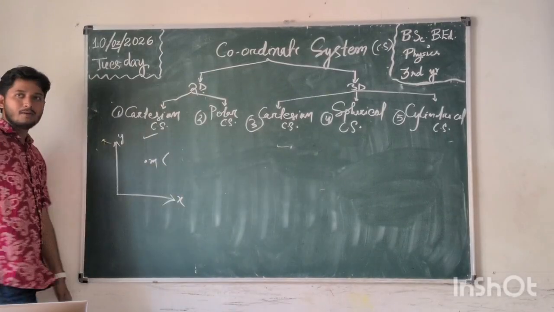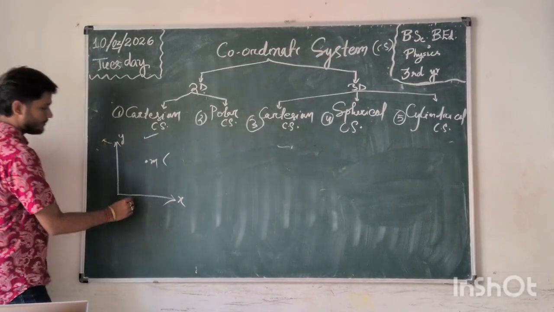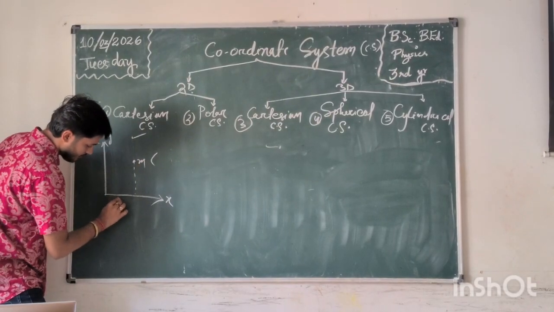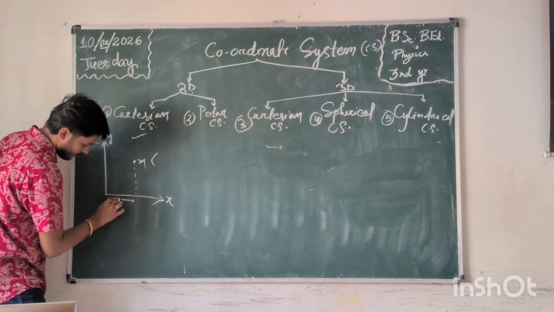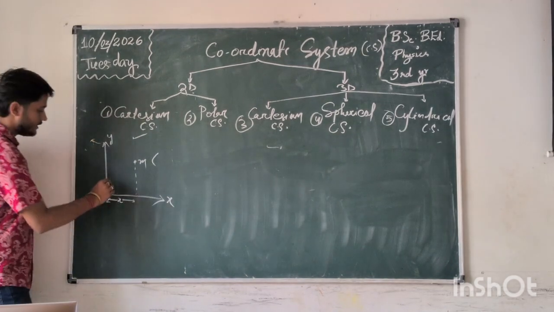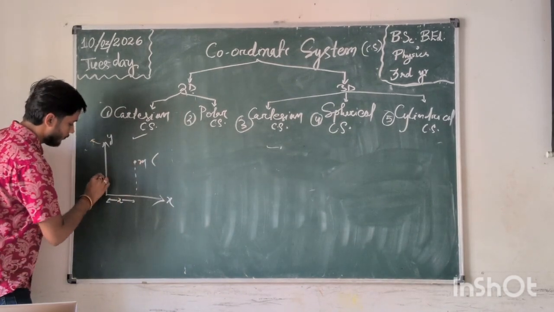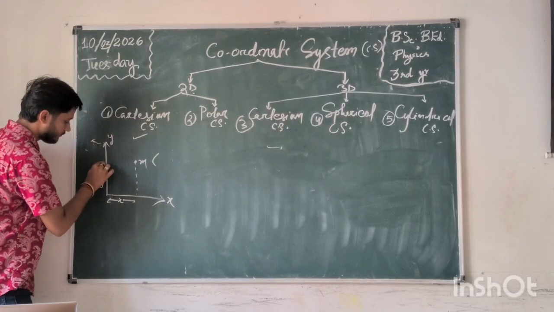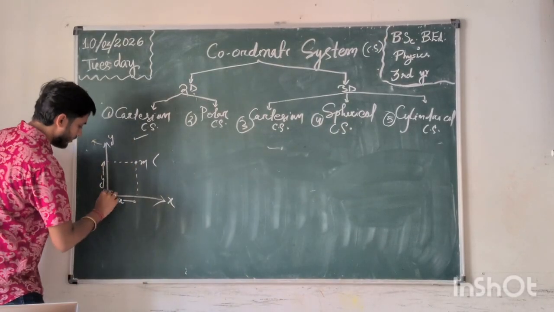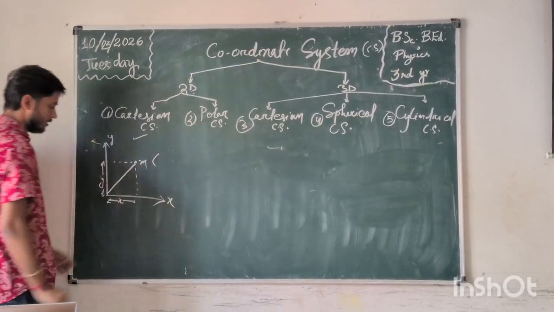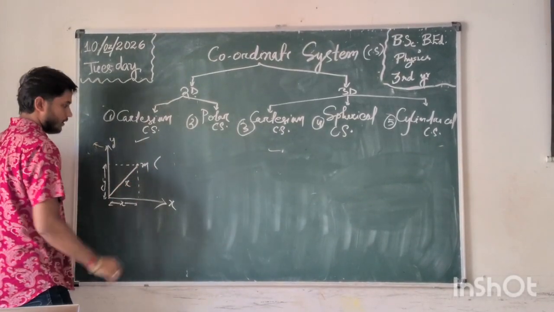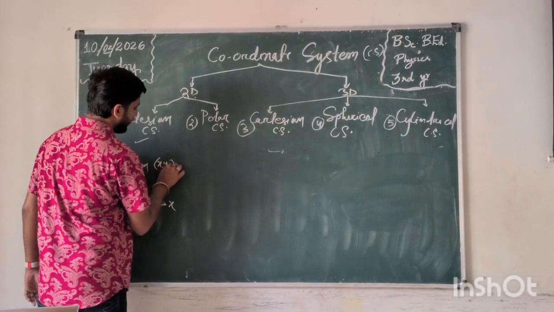From the y axis, the distance is x, and from the x axis, the distance is y. Suppose this length is r. So the coordinate is (x, y).